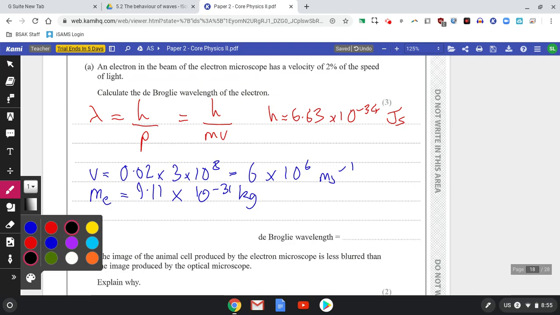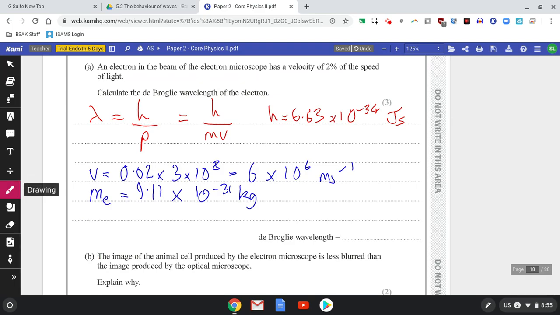Substituting the values into the de Broglie wavelength equation gives us a lambda of 1.21 times 10 to the minus 10 meters. You're not asked to do this, but how many nanometers is that?